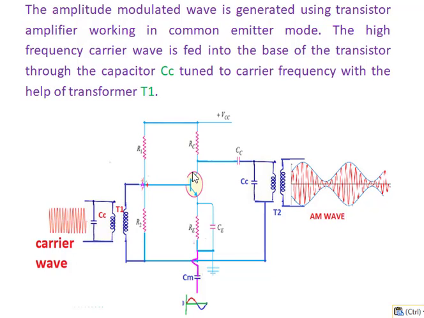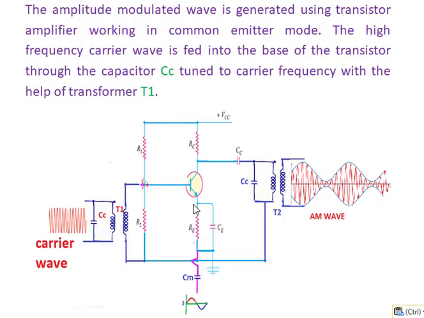For the n-type material, a positive voltage is given, so it is under reverse bias. So this is the simple explanation about the common emitter mode amplifier.